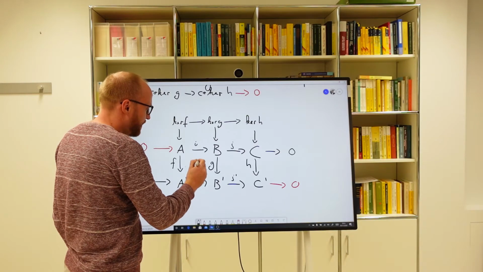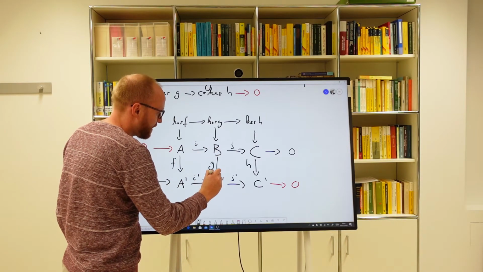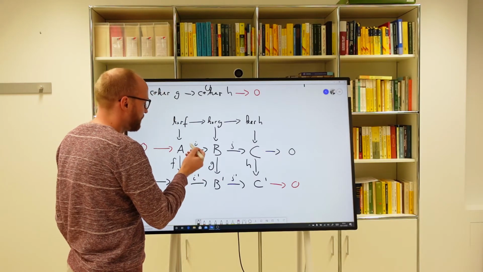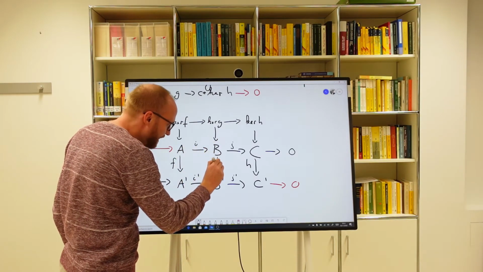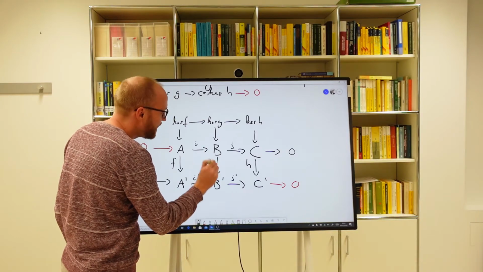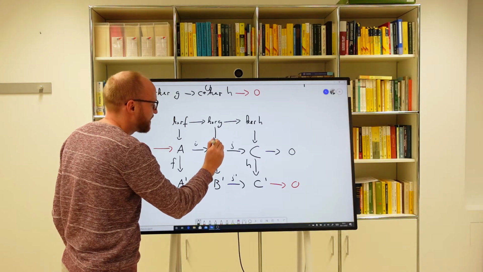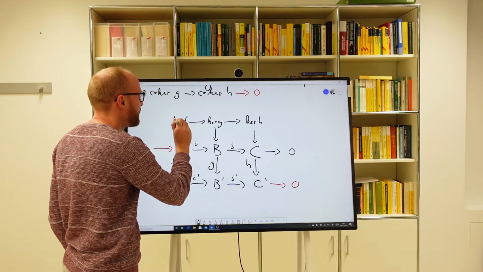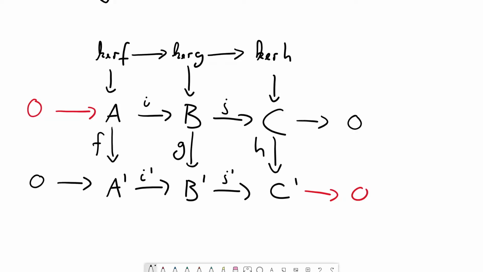But by the commutativity of this square, this means if I follow this composition for this element, I also get 0. But that of course means if I go over here and afterwards I apply G, I get 0, meaning the image of the element under I lies in the kernel of G. So it's got to live here, and it's true that the kernel of F maps into the kernel of G.